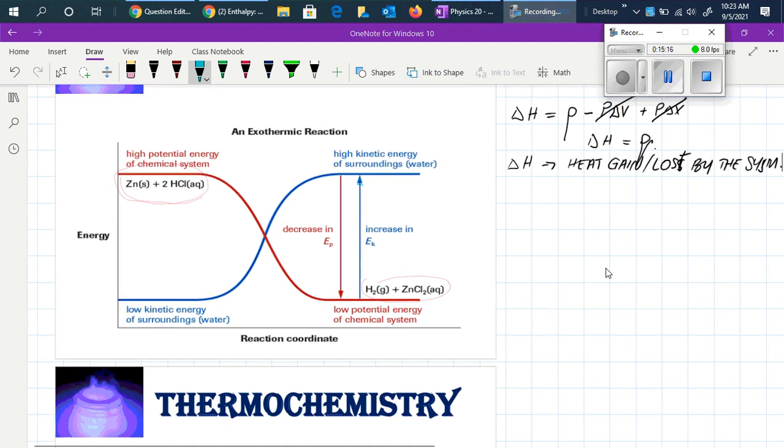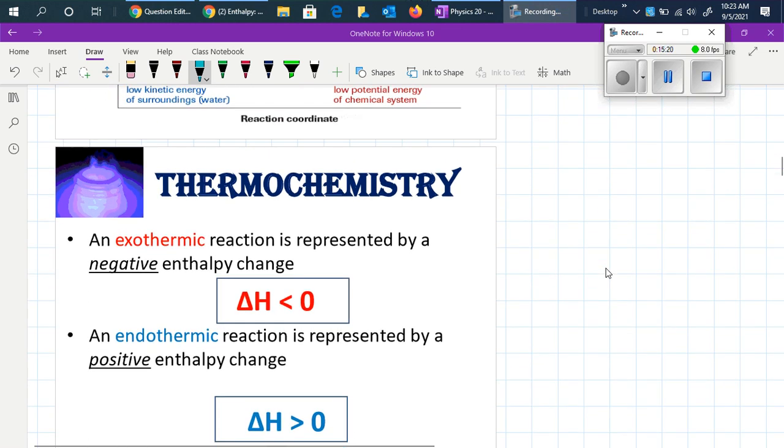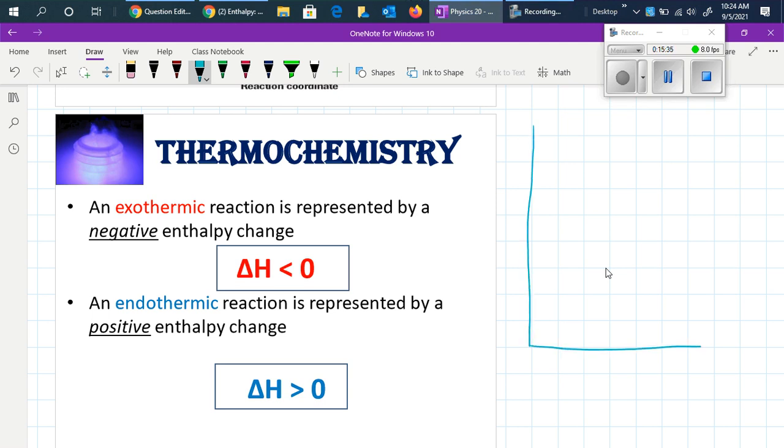Okay, so now when we have a change in enthalpy that is negative, then we have an exothermic reaction. So let's take a look at what it is. Let's suppose that we are graphing here some products.